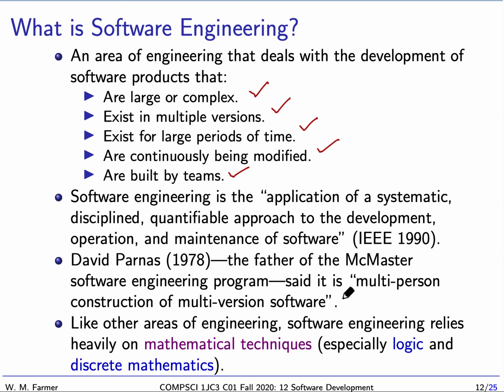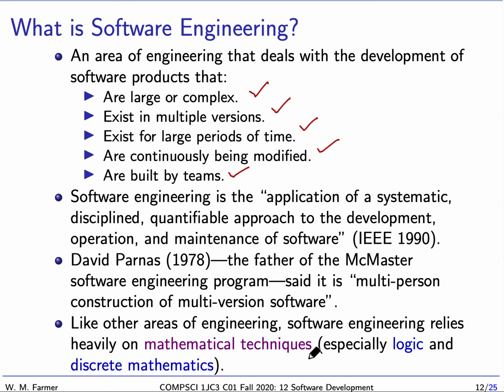He said that software engineering is multi-person construction of multi-version software. The reason he said this is that things really get difficult to handle when you have a software project that involves multiple people or multiple versions. So that's why he emphasizes those two points.